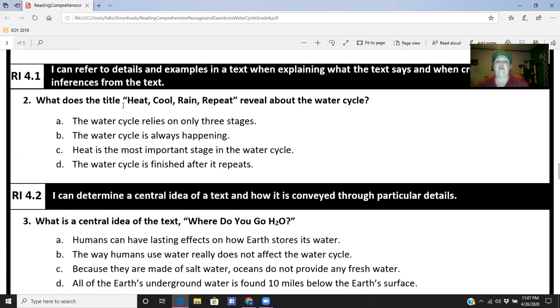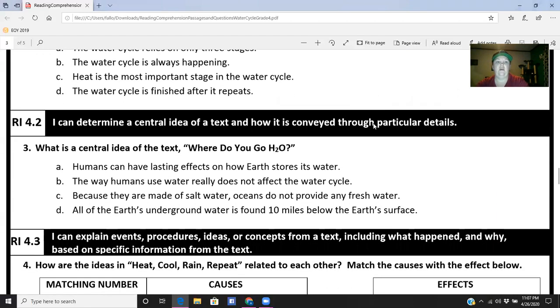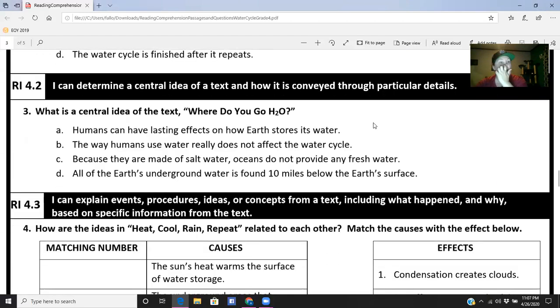What does the title Heat, Cool, Rain, Repeat reveal or show? Reveal and show are synonyms about the water cycle. The third question is, what is a central or main idea of the text Where Do You Go, H2O? So what is that one mostly about?